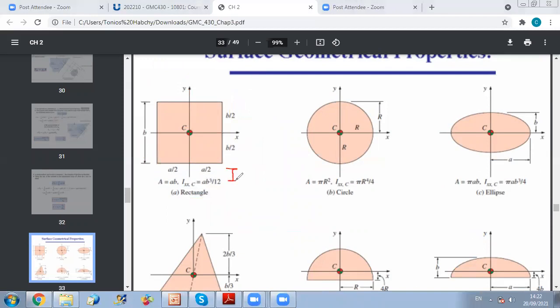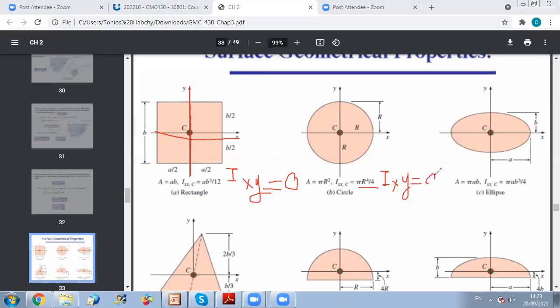This is why they didn't put Ixy for you, because whenever you have one axis of symmetry, y or x, Ixy will be 0. Now, for a circle, you just have to know the value of the radius. If you have a circular geometry, then the inertia about the x-axis passing by the centroid is pi r to the fourth over 4. And of course, here also the product of inertia Ixy will be 0.